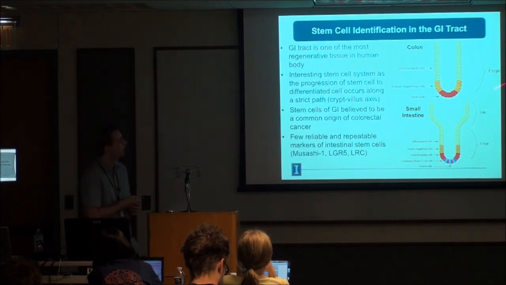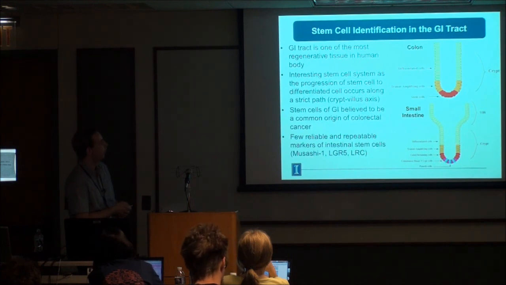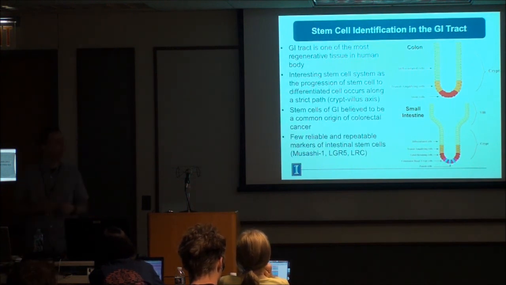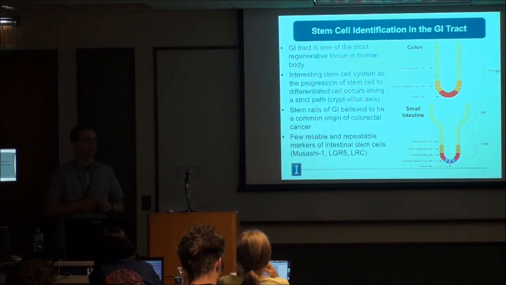In the small intestine, the stem cells reside a little bit higher, about positions 3 to 5, and you have a couple of other cell types, CBC cells, Paneth cells, and basically what happens is the stem cells differentiate downwards and upwards. One of the big difficulties, and a lot of this work was driven by Queen Mary's in London, was the lack of intestinal stem cell markers, and actually lack of adult stem cells.